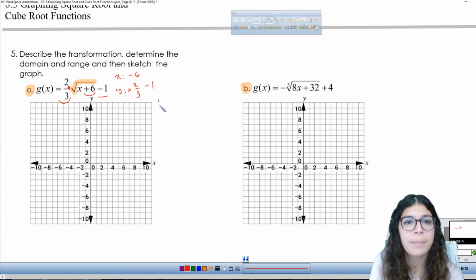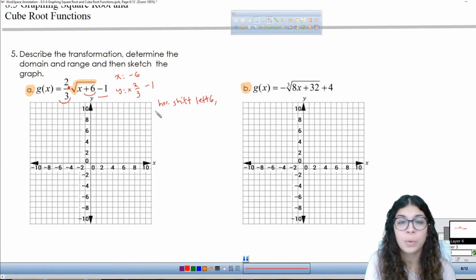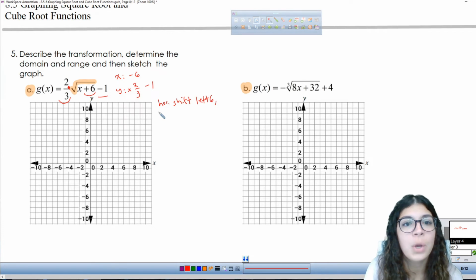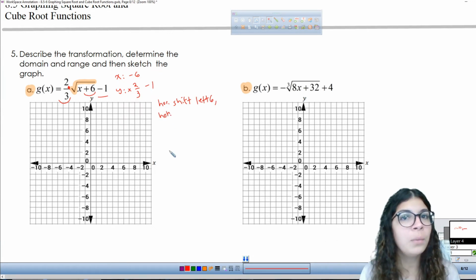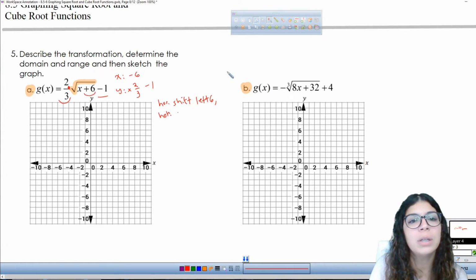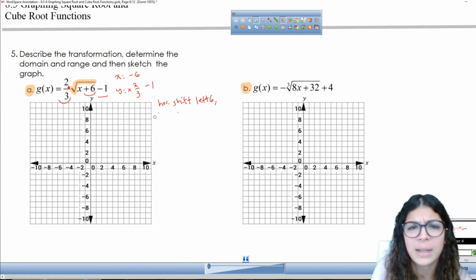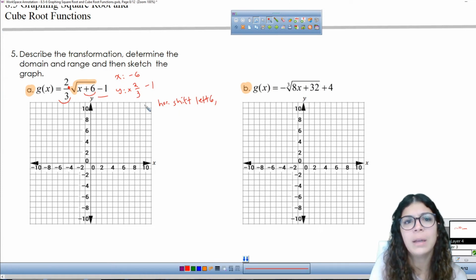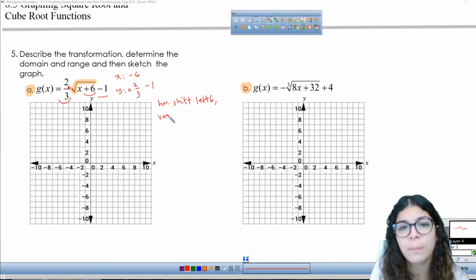So let's describe. Horizontal shift left 6. You do x first, then with the y value, we're going to... Now, is 2/3 bigger than 1 or less than 1? It's less than 1. So it's horizontal compression. Ooh, not horizontal. It's happening to y. Sorry. Let's backtrack a second. Happening to y, vertical compression.